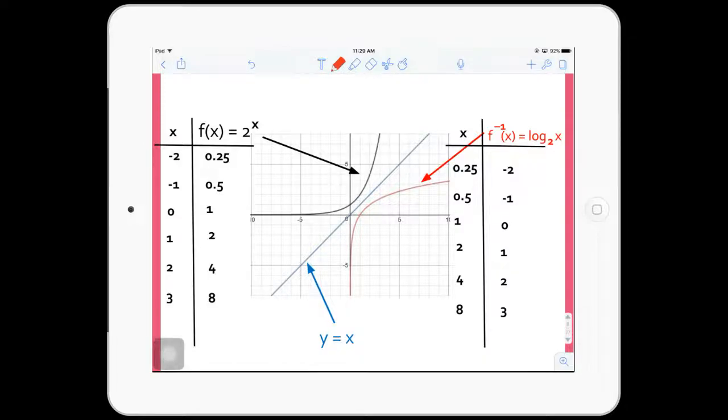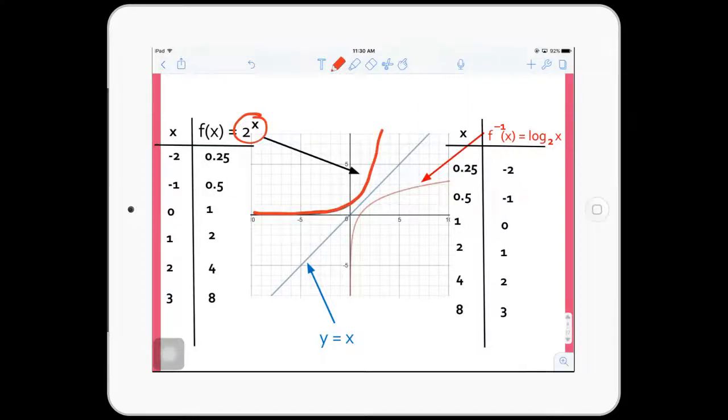So let's take a look at the graph again. Here we have y equals 2 to the x, and 2 to the x is an exponential function. Here we have a table showing the values that make up the exponential function, which is over here.